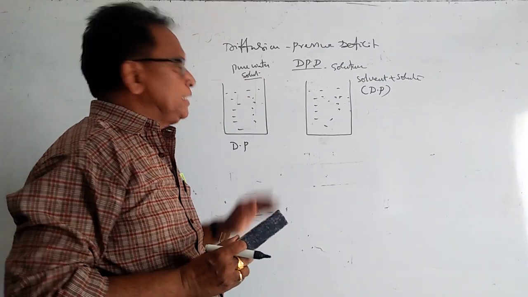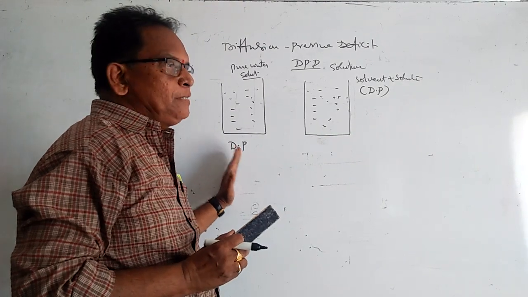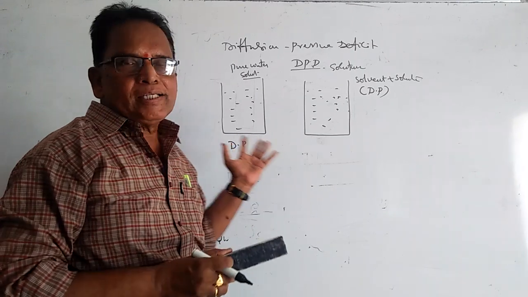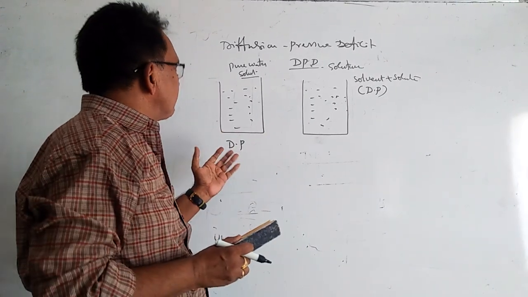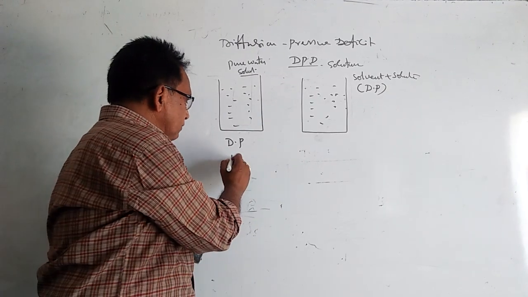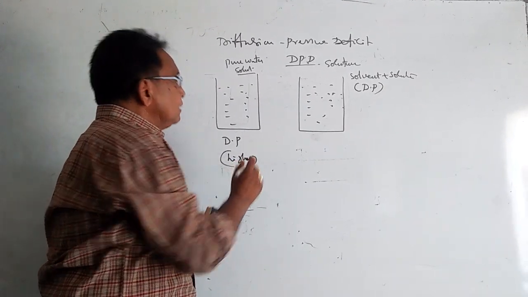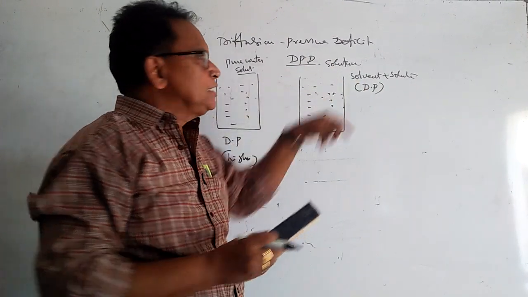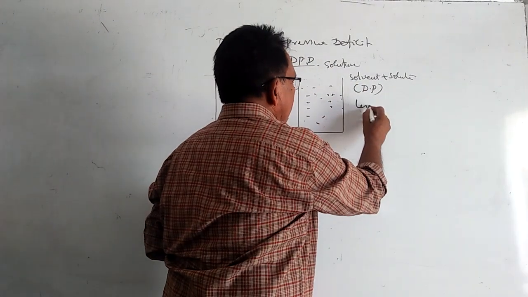This dp value is higher for pure solvent, because this is pure water and there is no solute. So the diffusion pressure of pure water is always higher, whereas the diffusion pressure of solvent in a solution is always less.